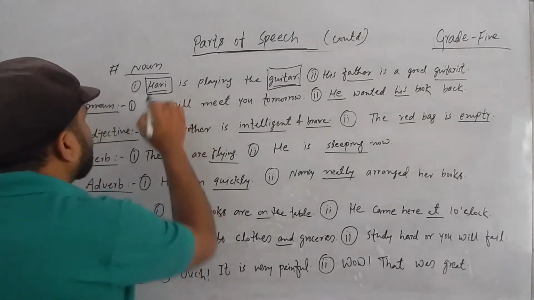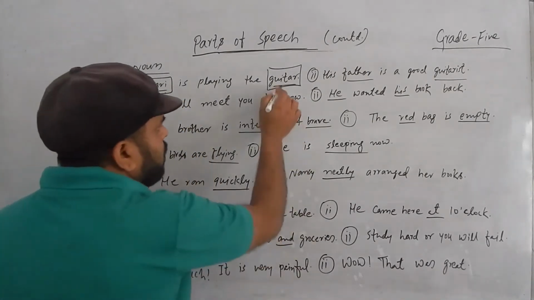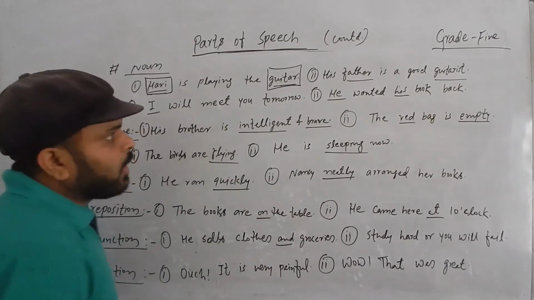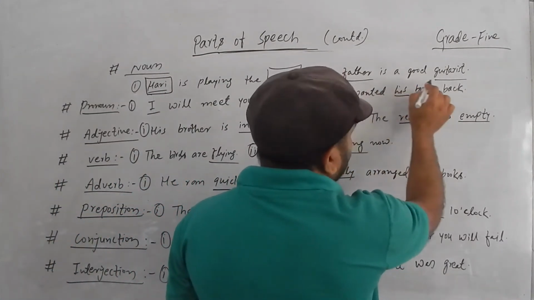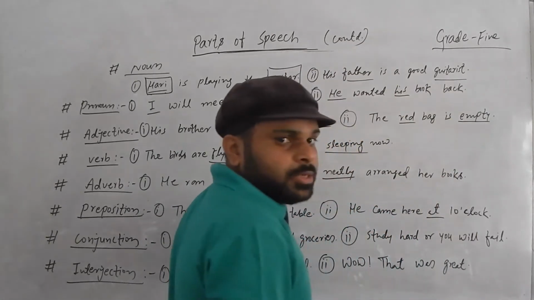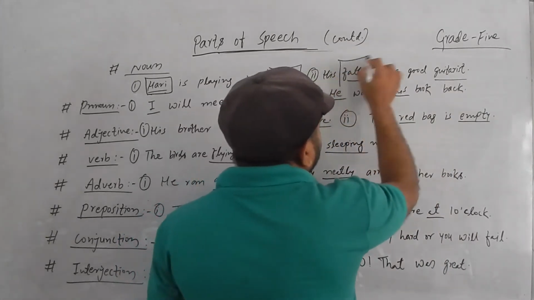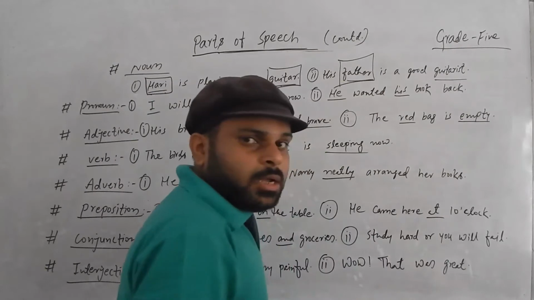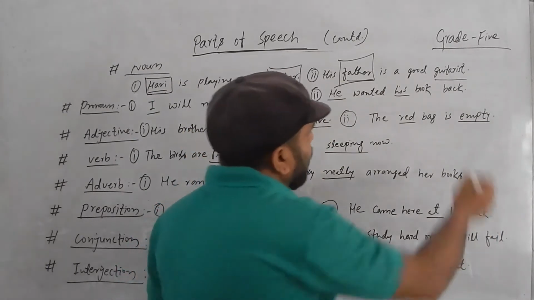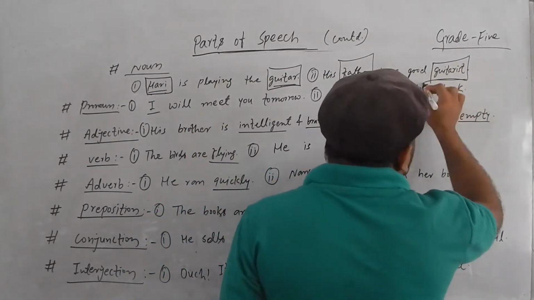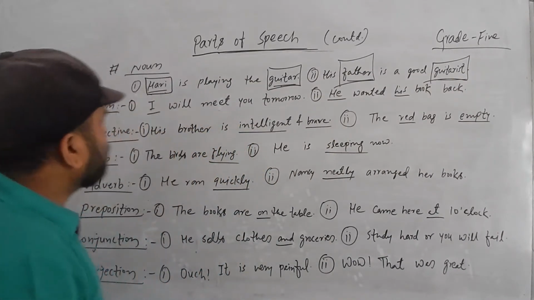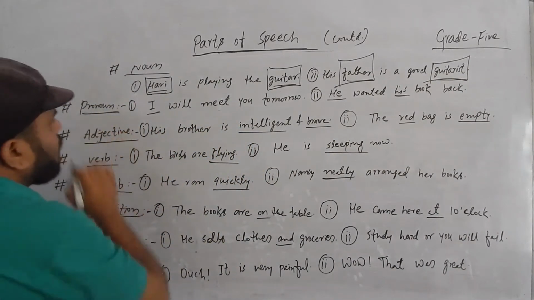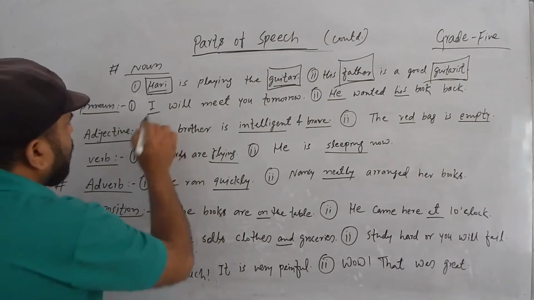It's the name of a person and the name of a thing. Likewise, second sentence: his father is a good guitarist. The word father here is a noun, and the next noun we have is guitarist. I hope you understand. Pronoun.